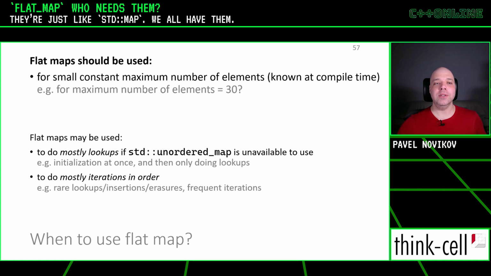And the other case is when you want to mostly iterate over elements in the map, and you rarely insert and remove elements, and you want to iterate in order.